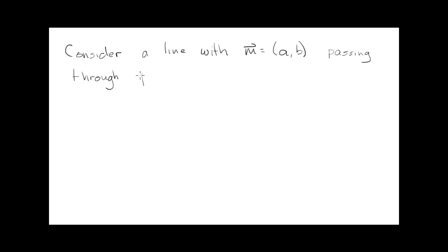So will that always happen? Well, let's check. So let's consider a line with the direction vector, and I will just give this letters, so we'll call it a, b, passing through point x1, y1.